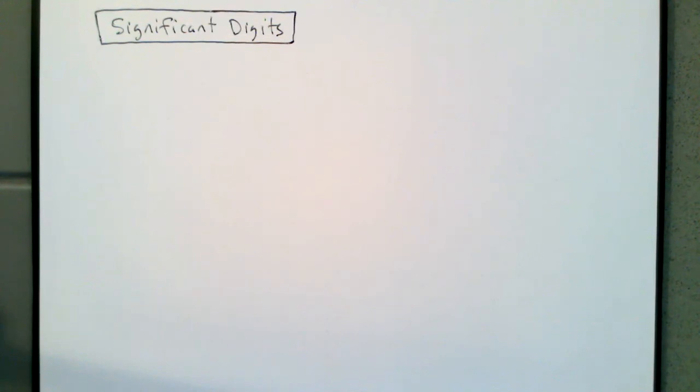For example, let's suppose that I say my weight is 240.5874 pounds. That just doesn't make any sense at all. There's no way my weight can be that precise, because I'll just exhale and that will change what it is.